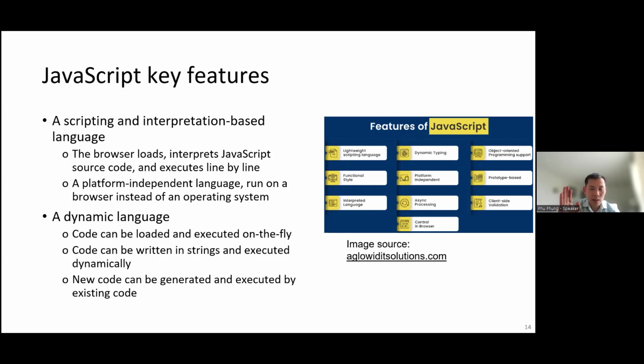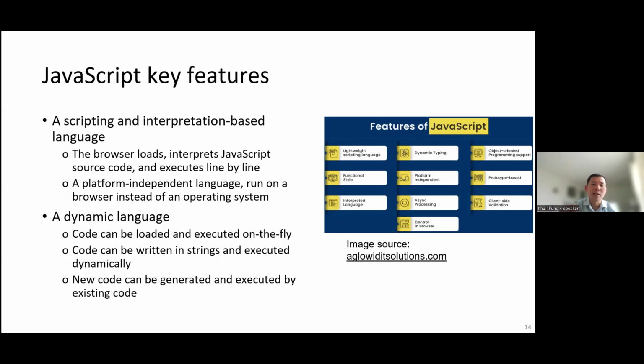Another very convenient feature for the developer, but also a good thing for the attacker, is that JavaScript is a dynamic language, so the code can be executed on the fly. It means that code can be loaded during runtime, added into the code, run, and then generate the content, right?